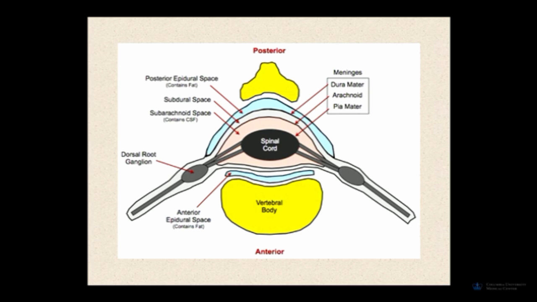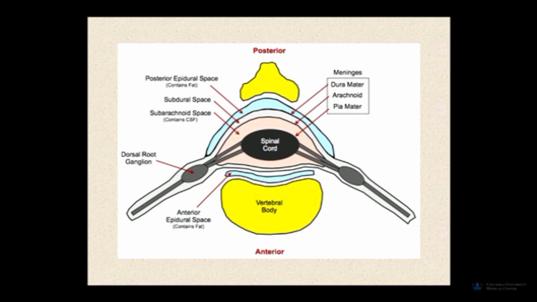You have the ventral body of the vertebral bone right here, and the little spiky part in the back. You have the spinal cord here, and you've got your peripheral nerves coming out of the spinal cord. Your spinal cord is part of your central nervous system, so it has the meningeal layers. The outermost layer is the dura mater, the middle layer is the arachnoid mater, and the innermost layer is the pia mater.